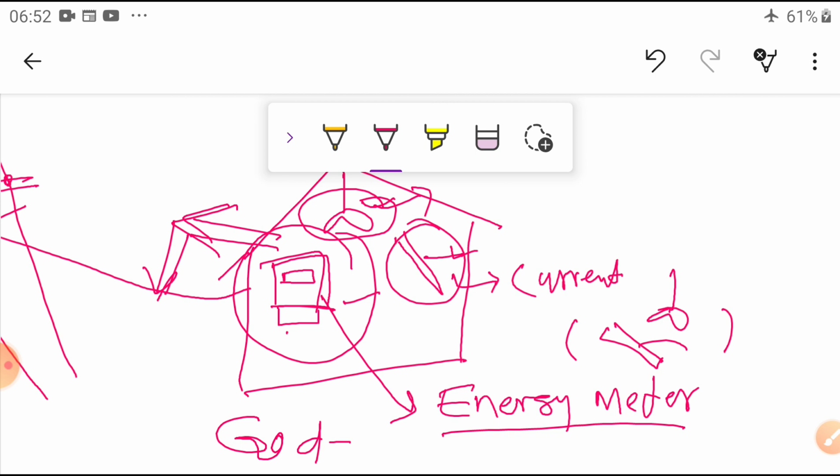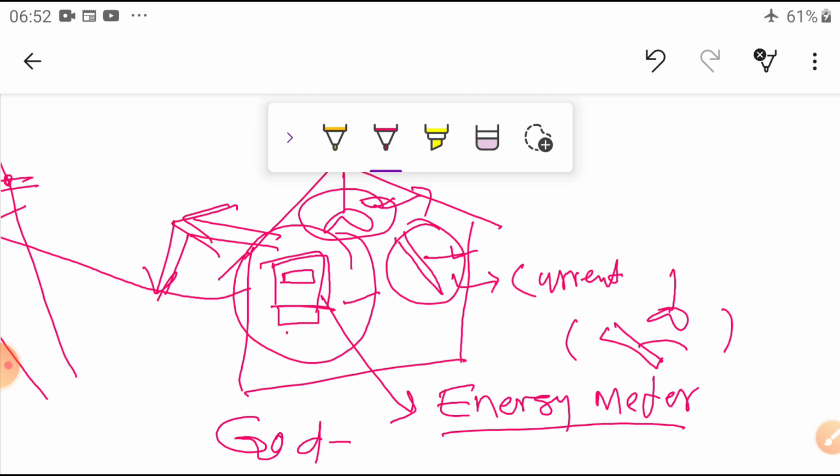Indicating instruments indicate the value at that instant. Recording instruments record the value over a given period on a graph, whereas our energy meter is an integrating instrument, integrating the total units from the start of the month to the end of the month. This is our energy meter.